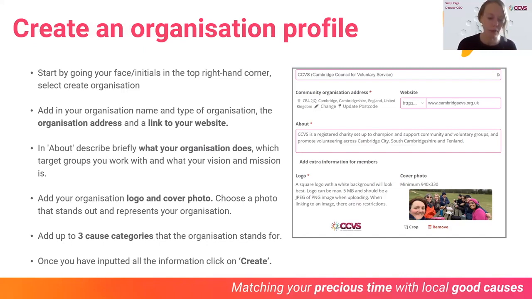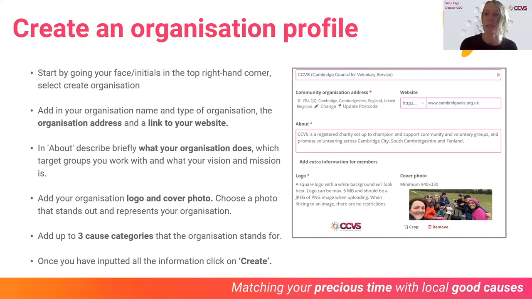There are some websites like Unsplash where you can get free images that are copyright free, and you don't need to worry about that. So again, if you're struggling to have pictures that you've got permissions for and things like that, then let us know and we're happy to help. You'll also need to pick 3 cause categories, and that's essentially what your organisation stands for.